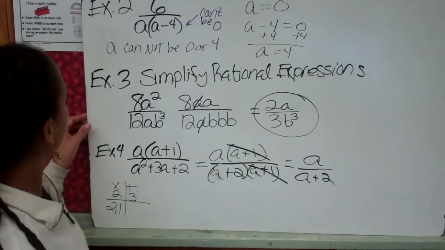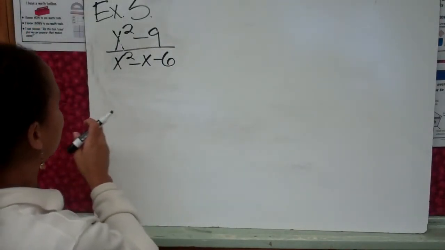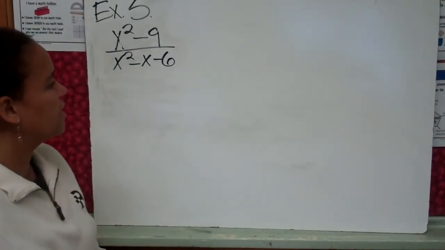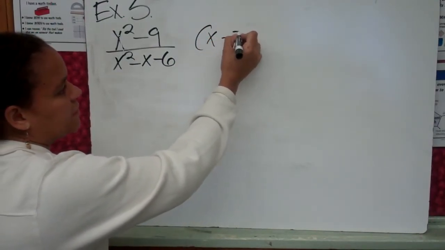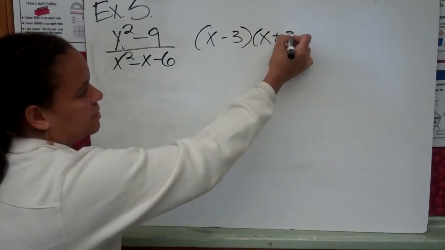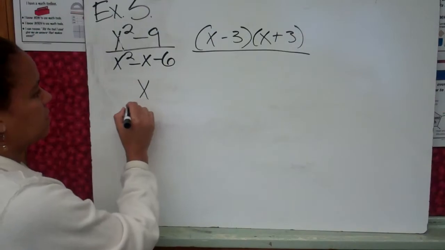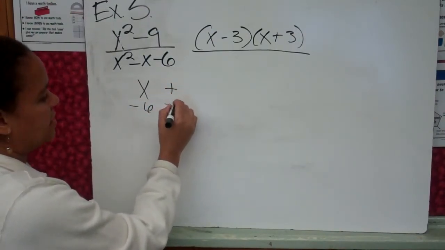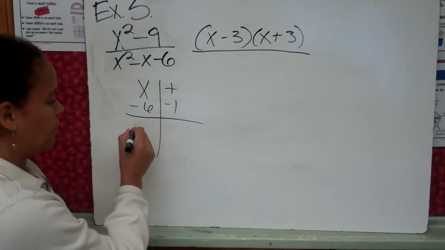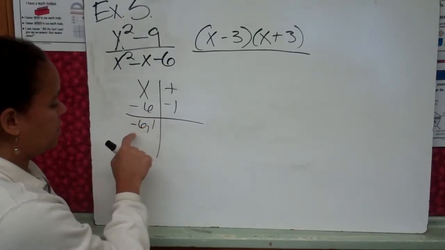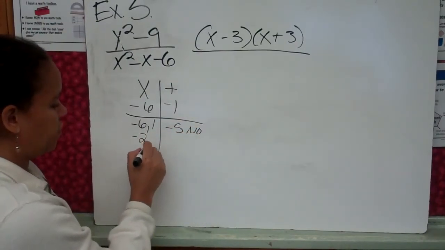Simple as that. All right, I think we have one more example today, which is x squared minus 9 over x squared minus x minus 6. Let's factor first. So of course this is the difference of perfect squares, so it's x plus 3, x minus 3. And then let's find numbers that multiply to negative 6 and add to negative 1. Hopefully you're thinking of those now. Let's see. Well, would it be negative 6 and 1? That's going to multiply to negative 6 but add to negative 5. No. Would it be negative 2 and 3?